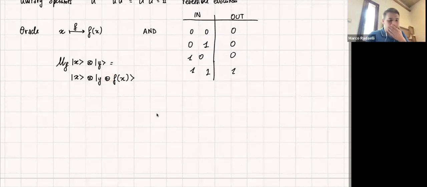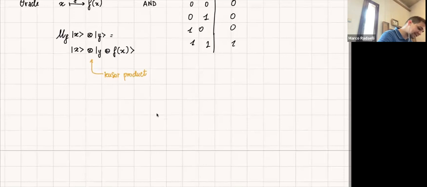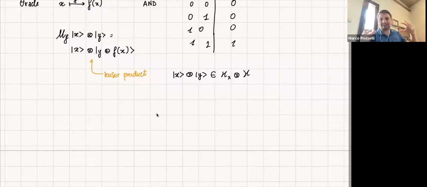This is, for example, for the AND operator, or any binary operator. Every time I draw this symbol, it means sum modulo 2. And this symbol you are maybe familiar with is the symbol of tensor product. Tensor product means that I have, for example, a state like x tensor y which lives in a Hilbert space created by the combination of two Hilbert spaces.